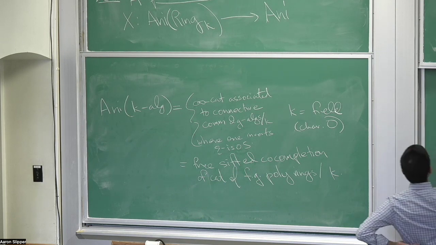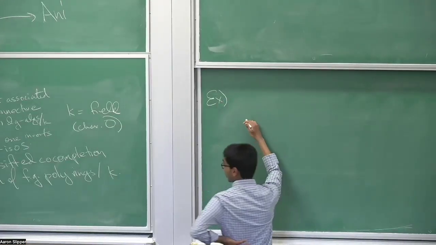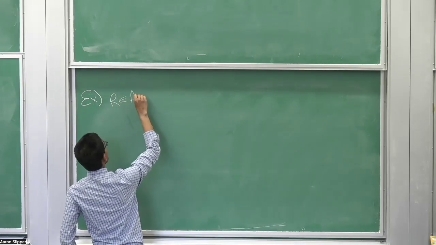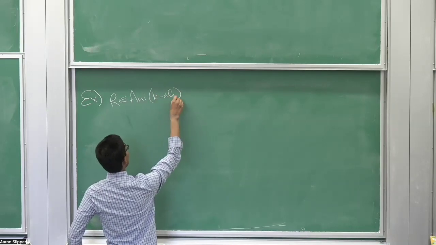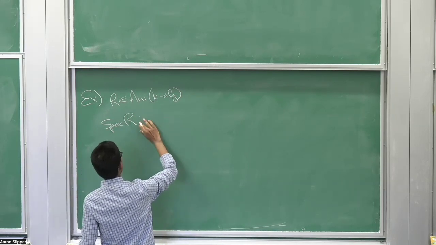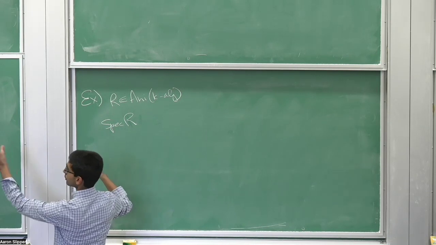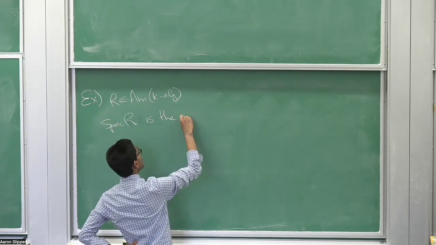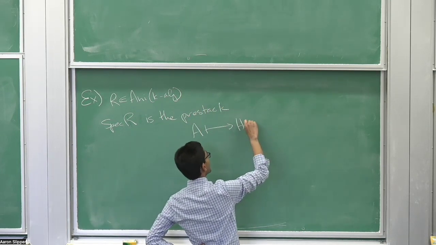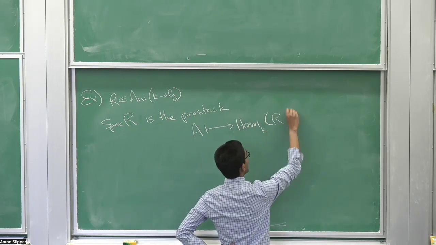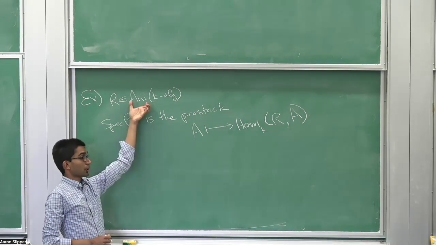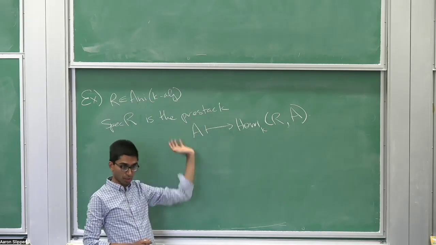For example, if you start with an animated K-algebra R, then you get a prestack called Spec R, the prestack represented by R, sending A to the mapping space from R to A. So we get an embedding of the opposite of animated K-algebras into prestacks, just by the Yoneda embedding.